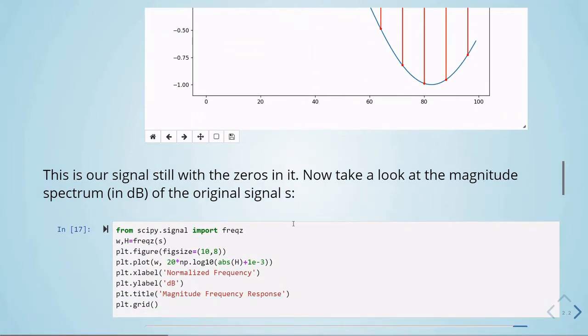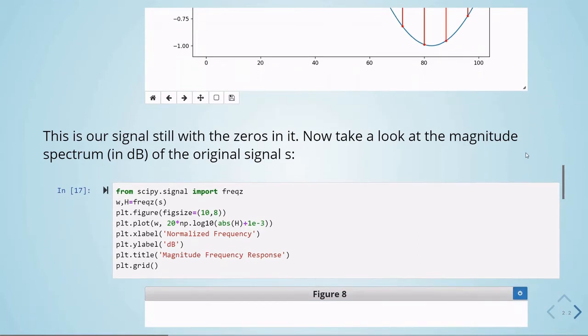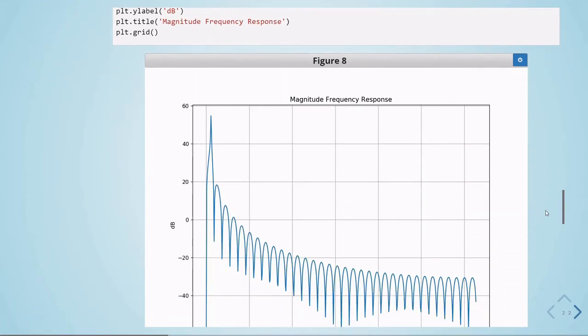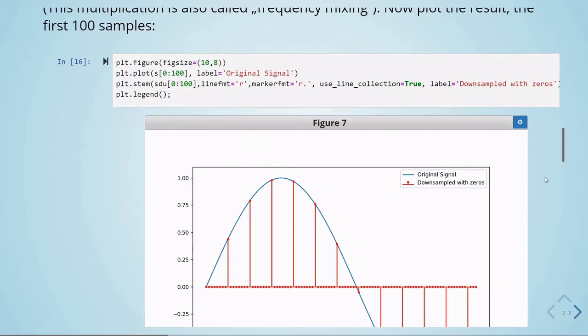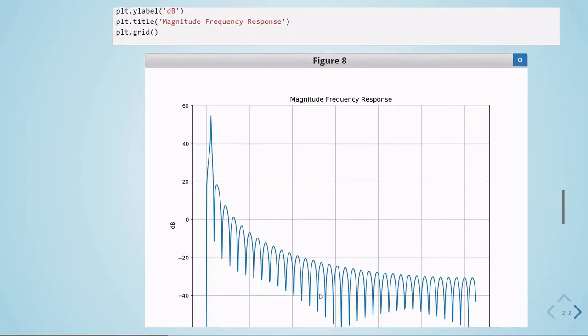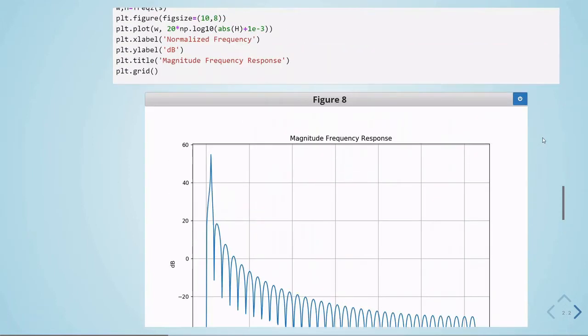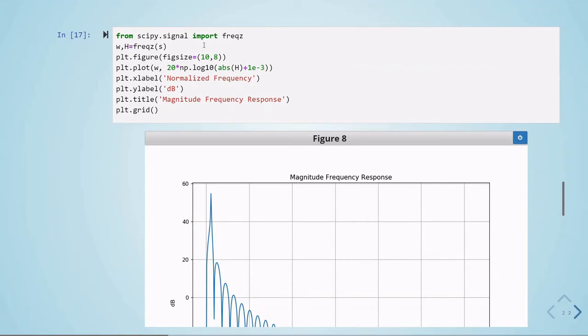So this is our signal, still with the zeros in it, and we can take a look at the magnitude spectrum in dB. So here we have the magnitude spectrum of the original signal. This is the normalized frequency, and this is the magnitude in dB. We're using freqz to get this frequency response of our signal.